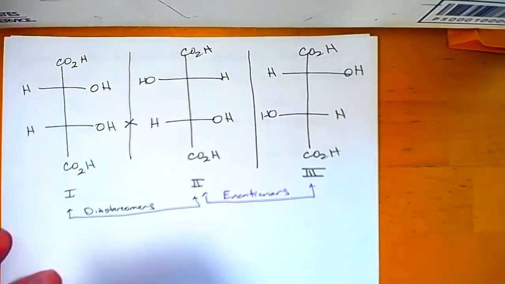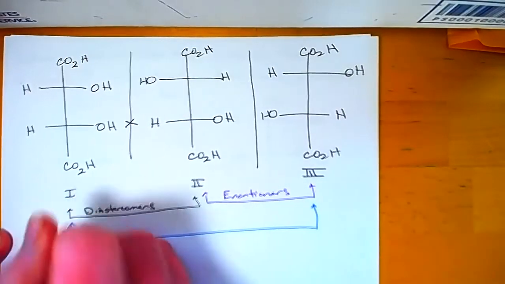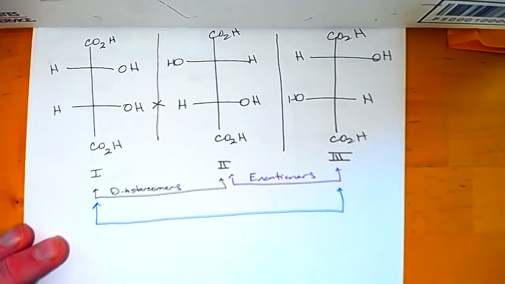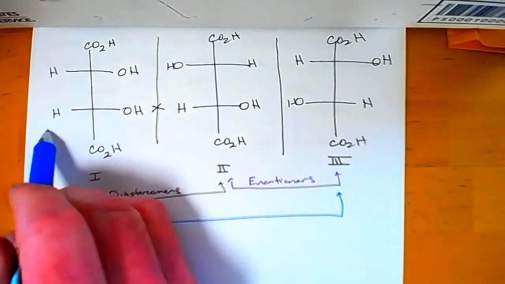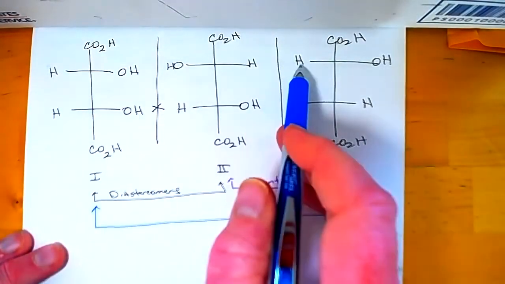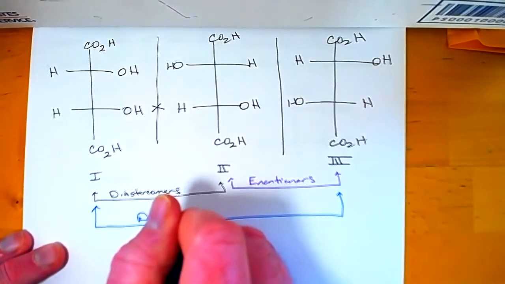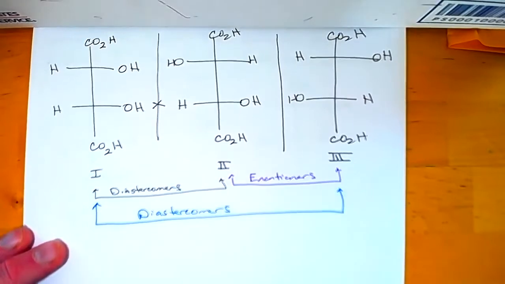And if we compared compound 1 with compound 3, those are also not mirror images of each other. There's a mismatch right here at this position. So those are diastereomers of each other.